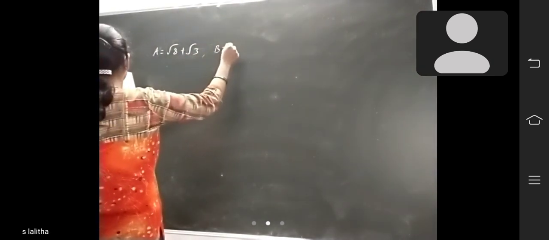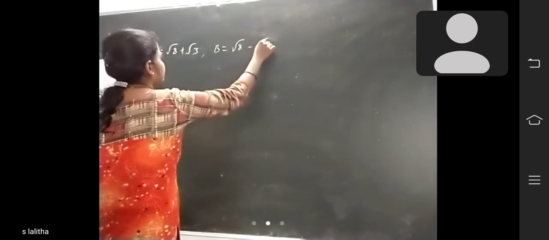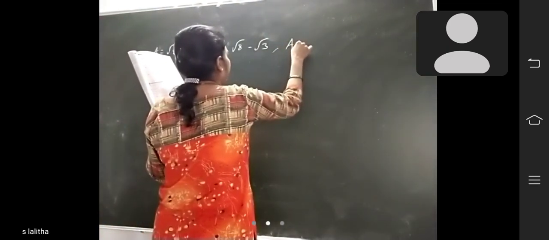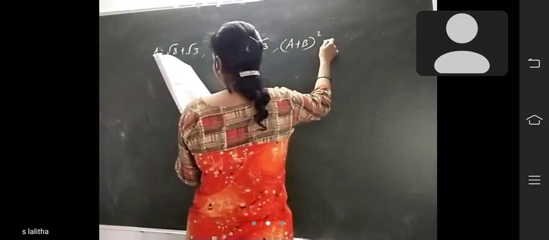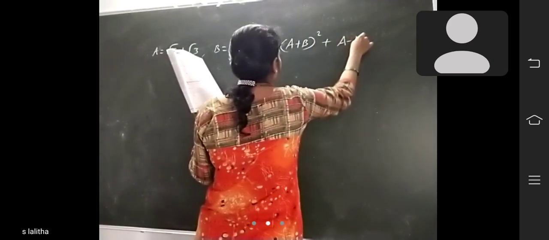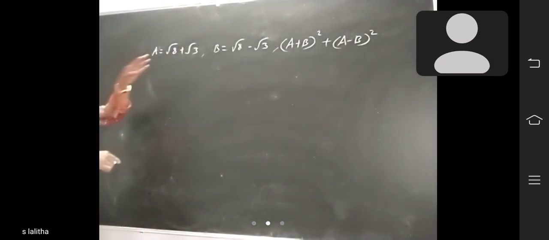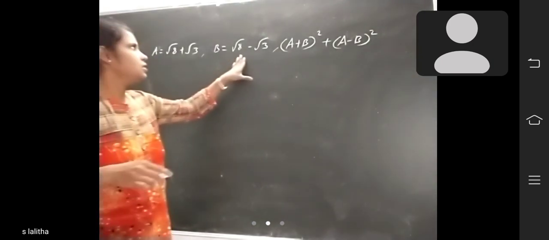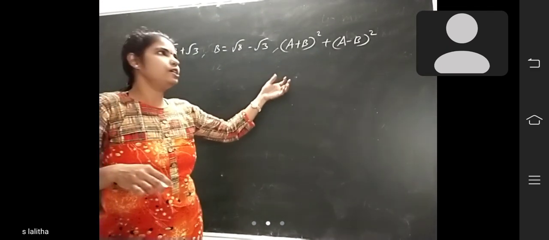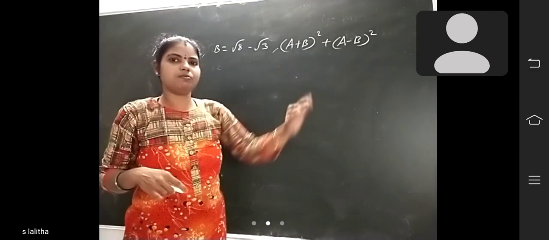If a is equal to root 8 plus root 3, and b is equal to root 8 minus root 3, then you have to find (a plus b) whole square plus (a minus b) whole square.